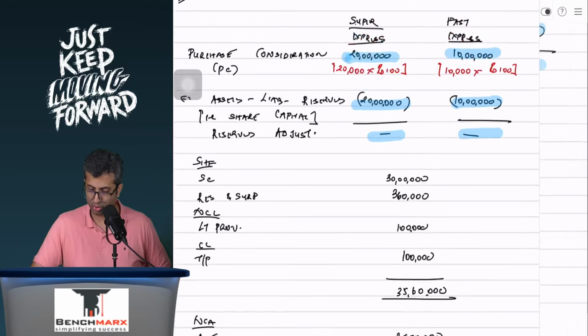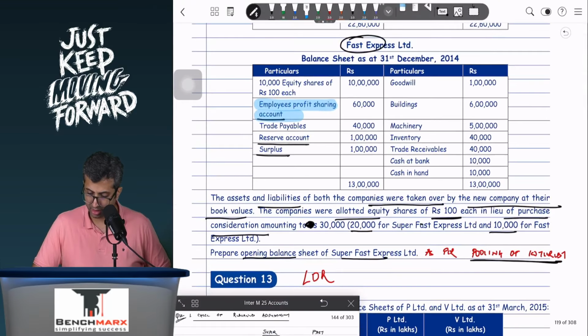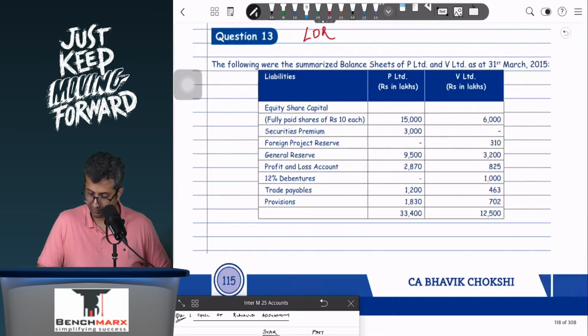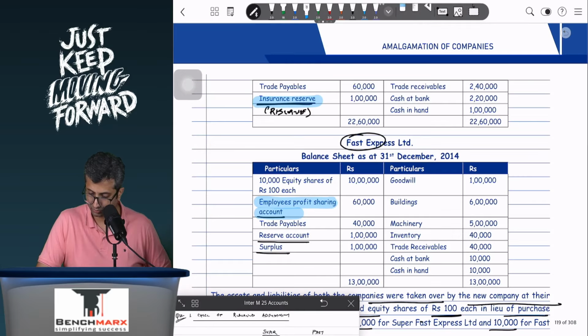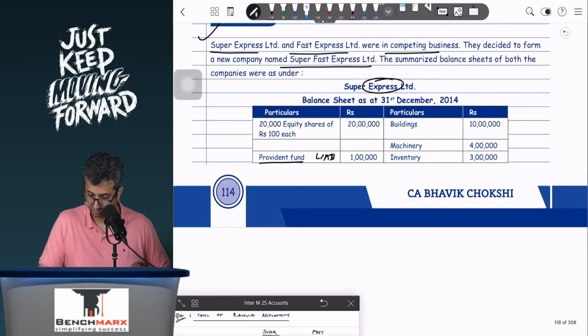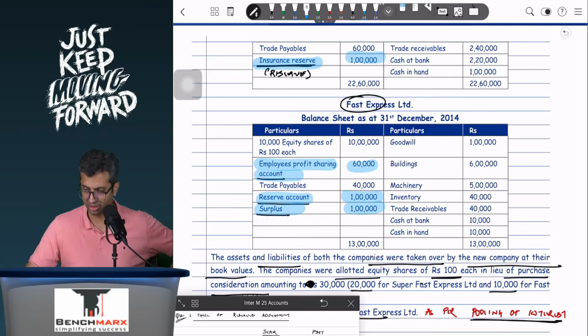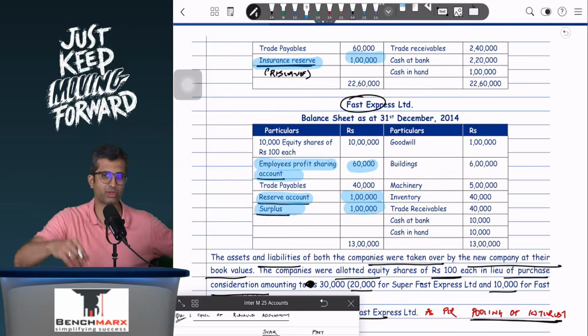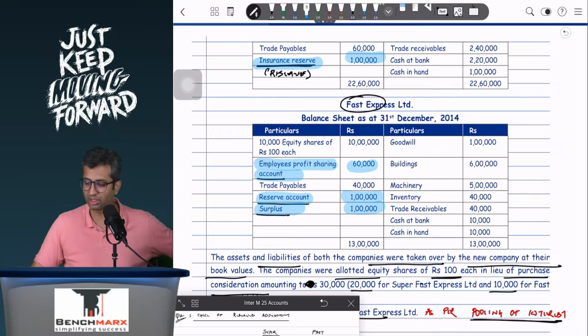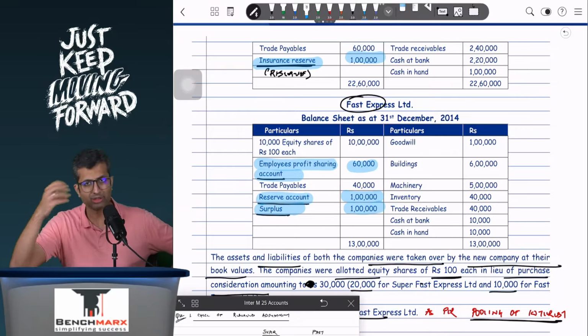So when I look at the reserves, I will total up the reserves, which is, I think, how much here? There is only 1 lakh. Then you have 1 lakh, and even 60,000 was taken as a reserve by the study material. They have given you in the reserves and surplus. In this question, it is not given in that clear format, but if you have the study material, you can see that it is given within reserve.